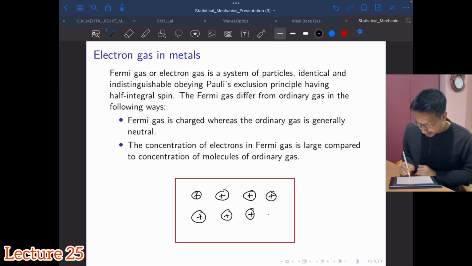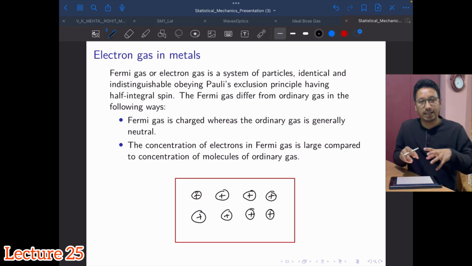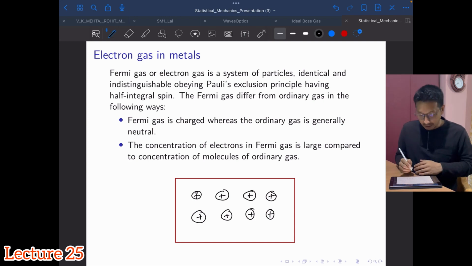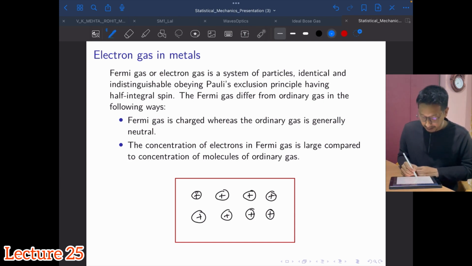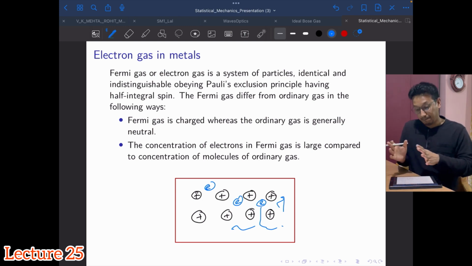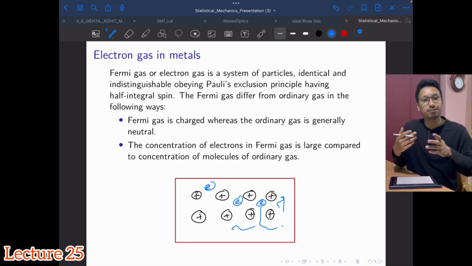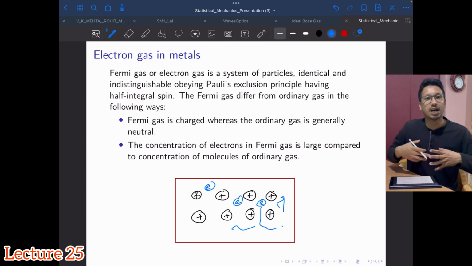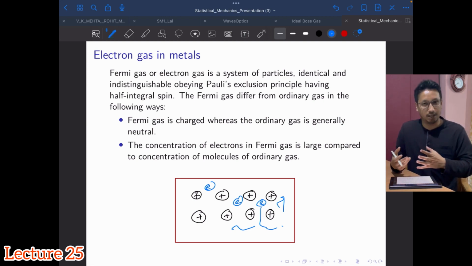I am drawing this positive charge as a nucleus. In a matrix of fixed positive nuclei, your electrons are moving like free particles, free to move all around like ideal gas molecules. By the same analogy, it is called a free electron gas. These electrons are free, not bound to the nucleus.